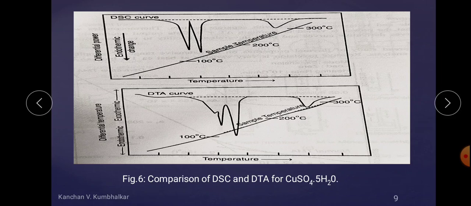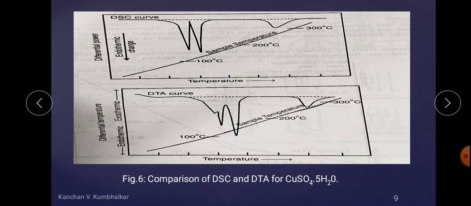But in a DTA, we know that there is a difference in temperature versus temperature. When we consider the DSC curve, we are observing delta H upon delta T, to maintain an energy level, or to maintain delta T equal to 0. The energy level can fluctuate, and hence the difference in energy or the power is the point of comparison on the y-axis.